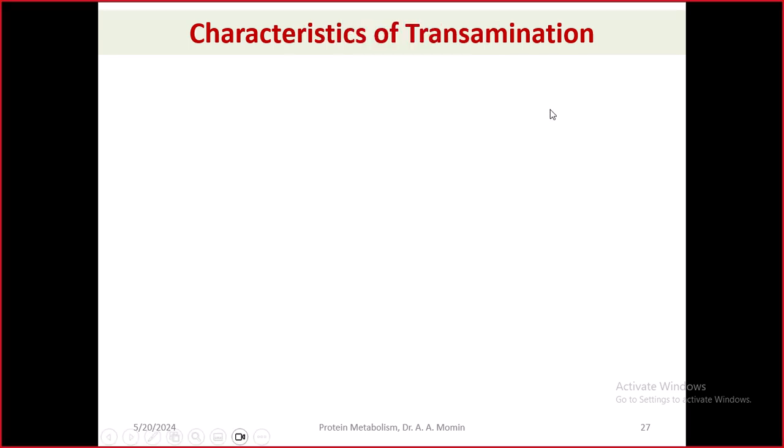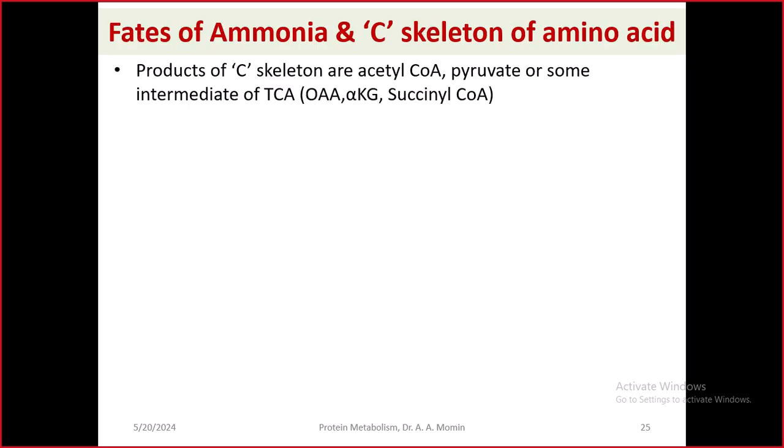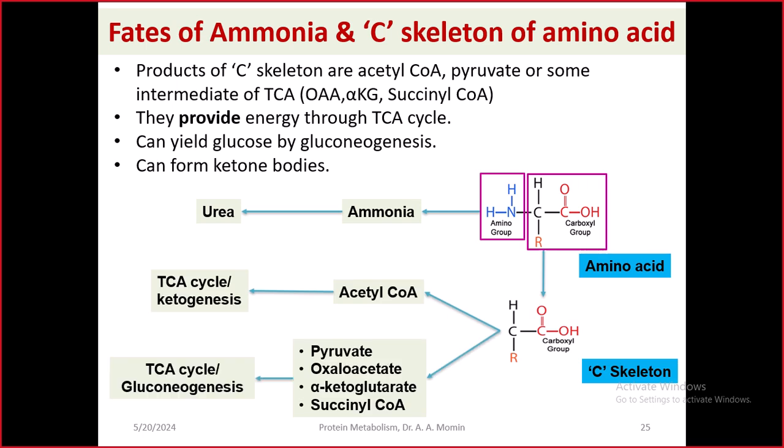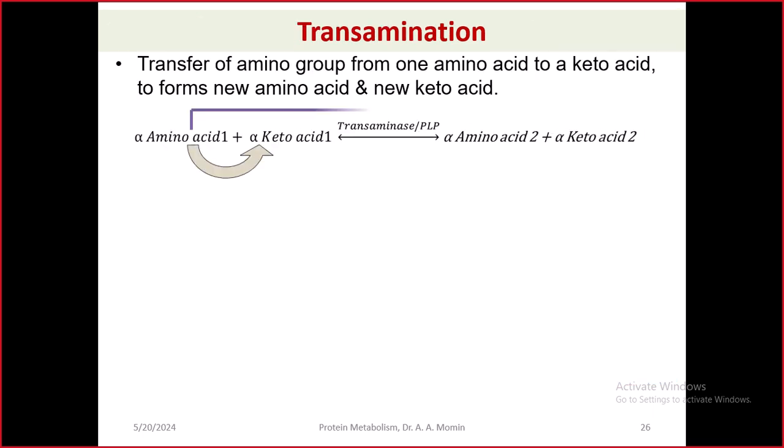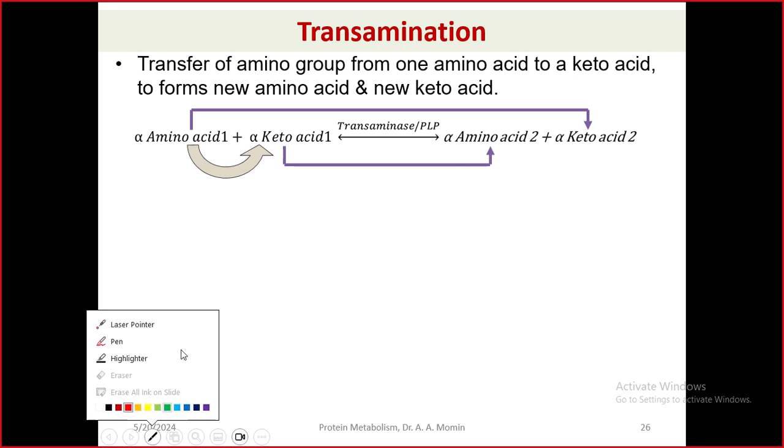So characteristics of transamination: it is universal and reversible. Universal in all organisms, transamination is carried out by the same group of enzymes, transaminases, and every amino acid undergoes transamination. And it is reversible. As you can see in the previous slide, the arrow is in both directions, so it is reversible.